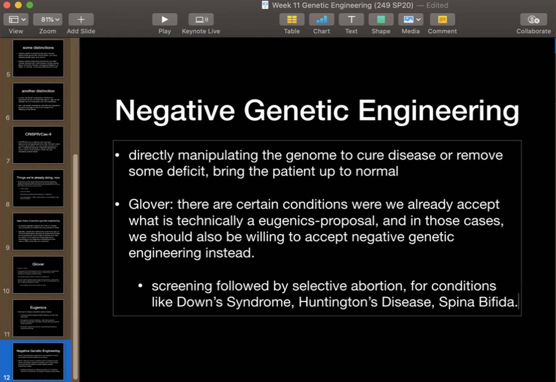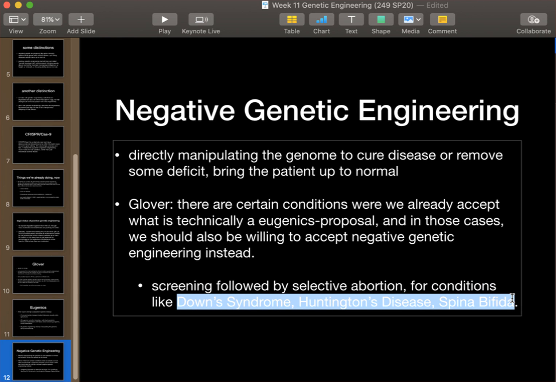So the idea is you screen for these things in utero during pregnancy. If you discover them, many people think it's okay to abort that fetus that has Down syndrome or Huntington's disease or spina bifida. So it's okay to kill that fetus.